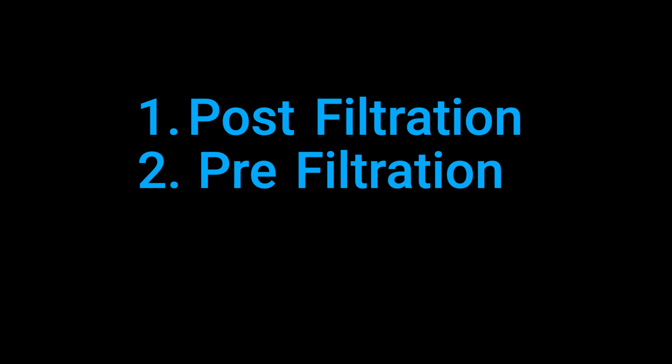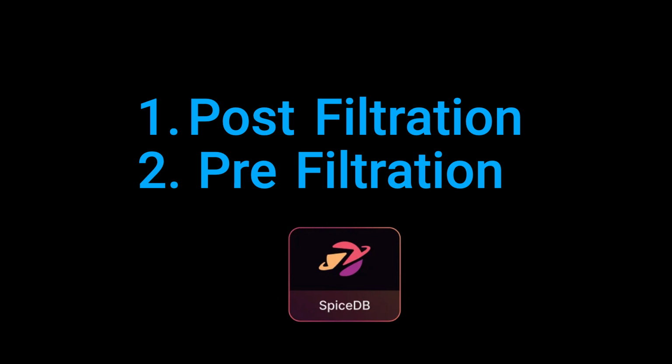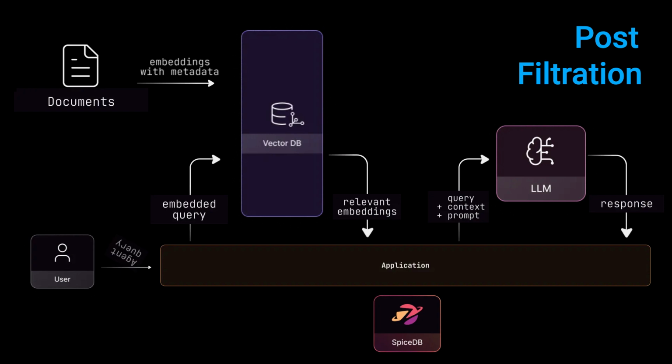Well, there are two authorization strategies you can choose: a post-filtration method and a pre-filtration method. Both use a Zanzibar-like system for the permission check. Here, we're going to use SpiceDB, an open source version of Zanzibar. And we'll first check out a method called Post-Filtration. In this method, a user makes a query via an AI agent, and that embedded query goes to the vector database, which gives you the relevant embeddings.